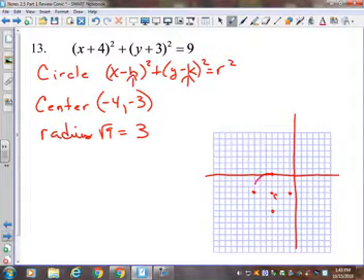And I do my best to make a circle. And we don't have to list any vertices or co-vertices or foci or any of that on a circle. Circle is the simplest conic there is. Yay for simple, right?